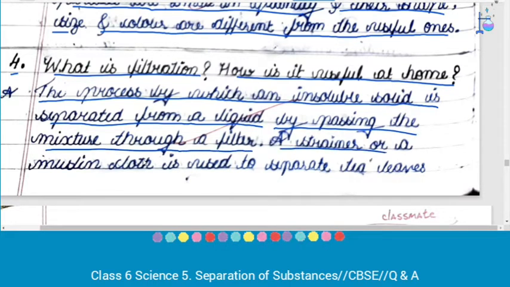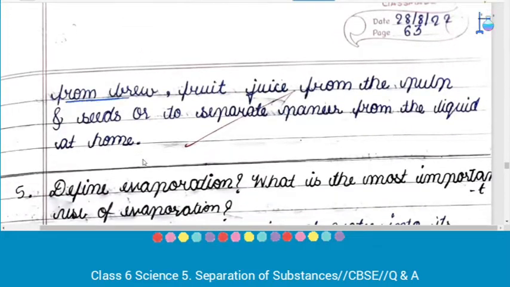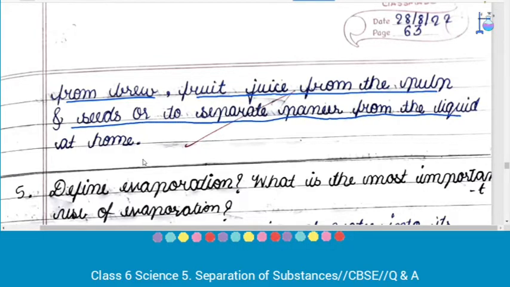A strainer or a muslin cloth is used to separate tea leaves from brew, fruit juice from the pulp and seeds, and to separate paneer from the liquid at home.